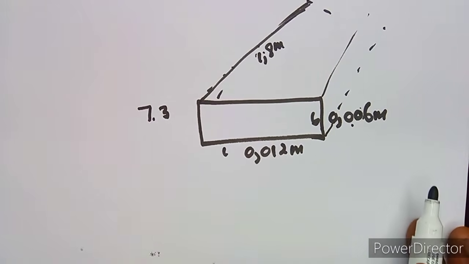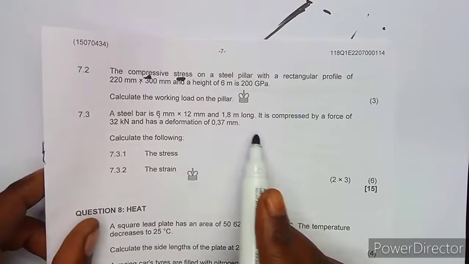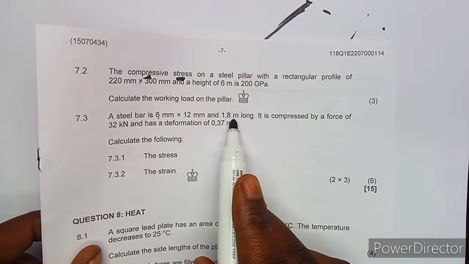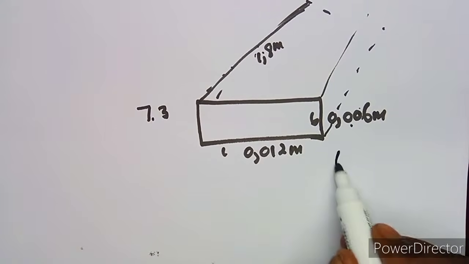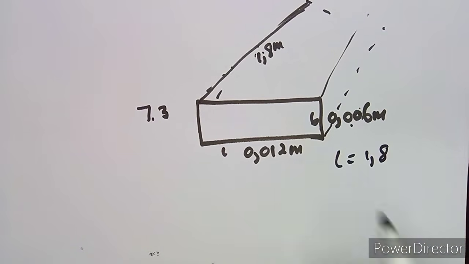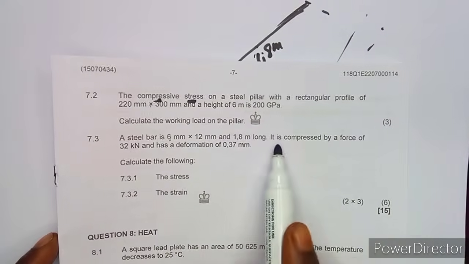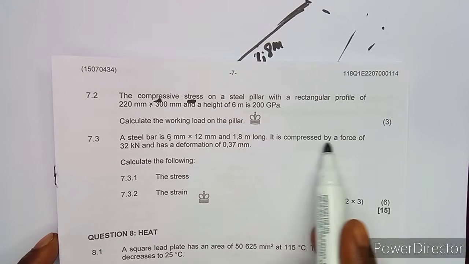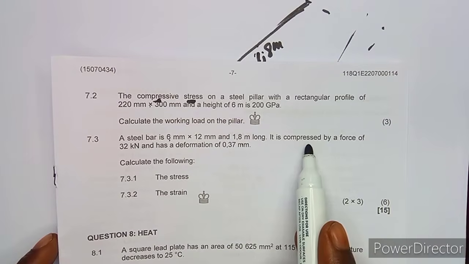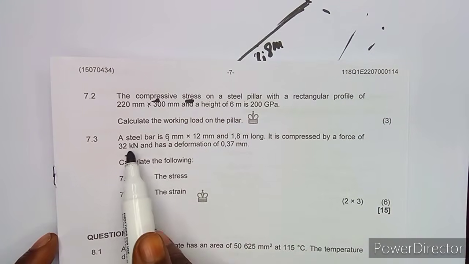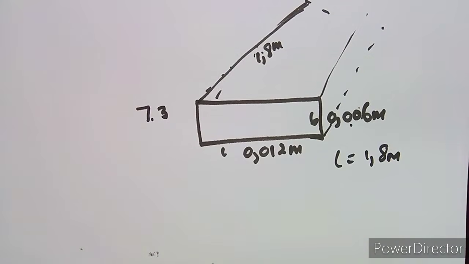So there's no need for us to worry. We're just having a length there, which is 1.8. That is the length that they will be talking about, which is in meters. It is compressed by a force. So take note, which means there is a compression taking place there. So we've got our force.